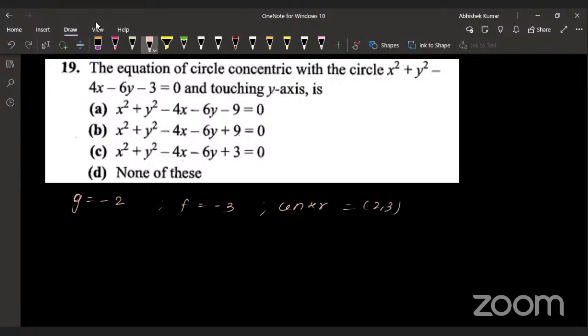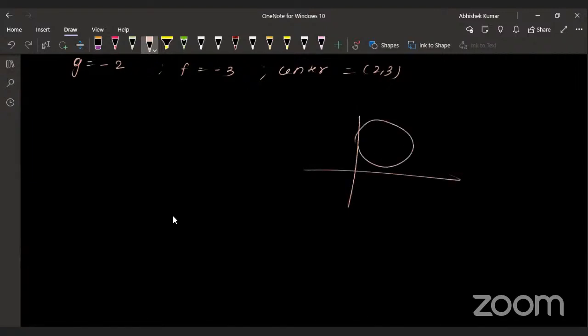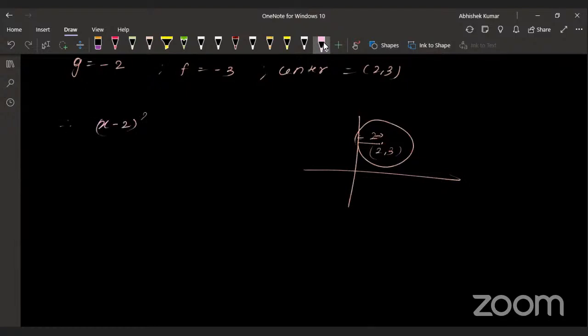And because it is touching the y-axis, if you visualize that circle, it will be somewhat like this. The center is (2, 3), so this length is 2. So the radius is also 2, right? Yes, sir. So we know the center and radius, so we can find its equation. (x minus 2) whole square plus (y minus 3) whole square is equal to 2 square. Solve it.